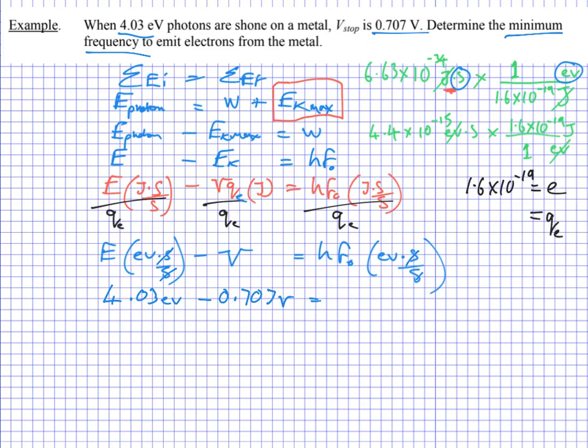So I'm going to leave my F naught here, in hertz, and divide everything on this side by Planck's constant in eV seconds. So that gives me my threshold frequency, if I plug in all those numbers, 8.02 to 3 significant digits times 10 to the 14 hertz.